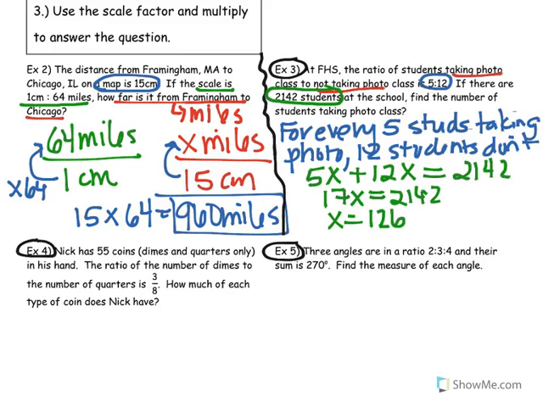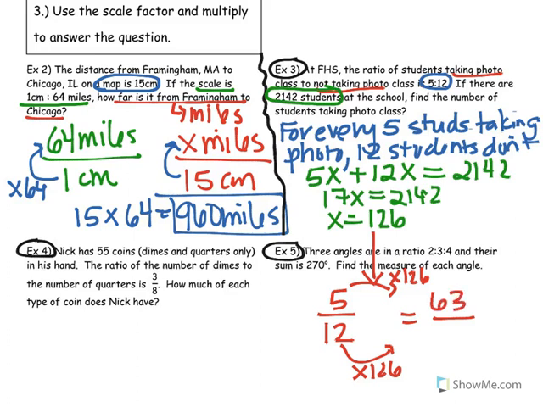So what that means is if I take my ratio 5 to 12 and I scale up the numerator by 126, and I scale up the denominator by 126, I would get 630 over 1,512, okay?